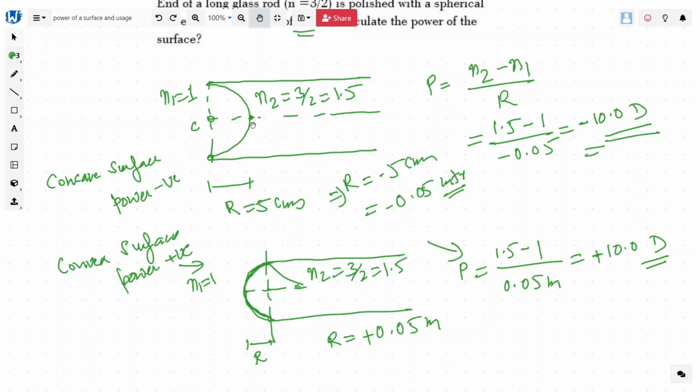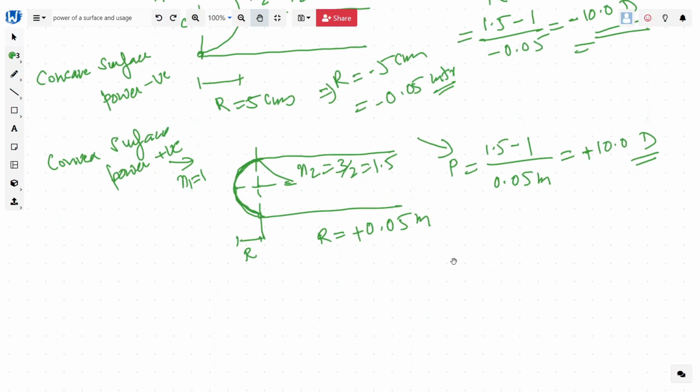Now how about we turn this around and see what happens if the power changes? So we are going to turn this rod around and again calculate the same thing. So let's turn the first rod around. Now the rod is on this side, and the concave surface is on this side, and now n1 is equal to 1.5, n2 is equal to 1, and here is the origin, and now the R is falling on this side, so R is positive.